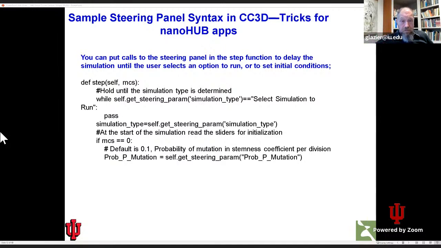I want to do it once. One way to deal with that is to create a futile loop where, in my step function, I read my steering parameter value. If the steering parameter value is some default, like select simulation to run, I just keep pass. I keep coming back. If the user has pulled it down and selected a different one, then I assign the value and I start my simulation. Does that make sense to people?